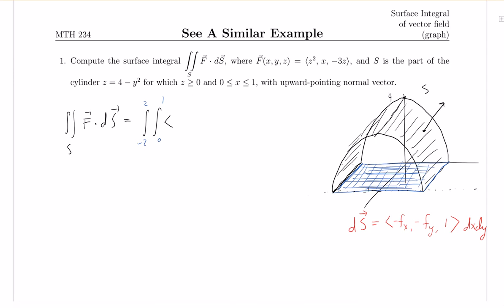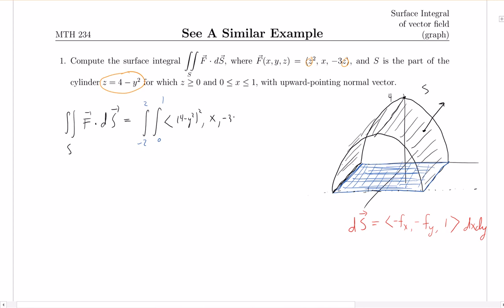And now we just write F dot dS, but for F, everywhere we see z in the vector field, we substitute the equation for the cylinder. So here z squared will be 4 minus y squared, squared. x is just x.